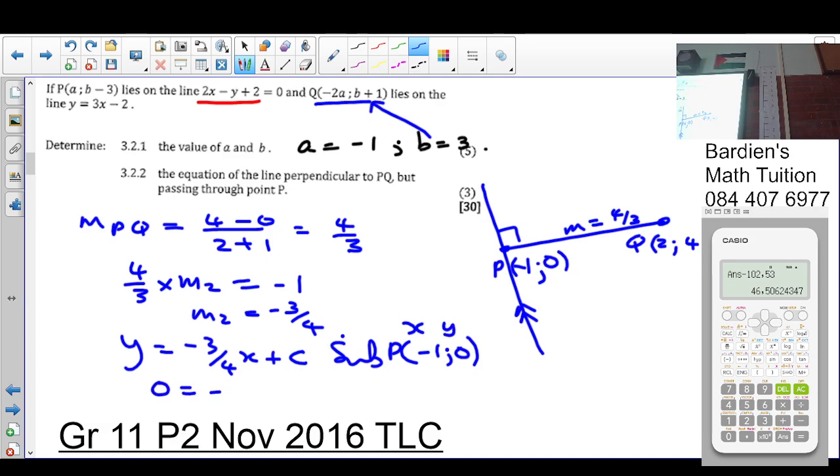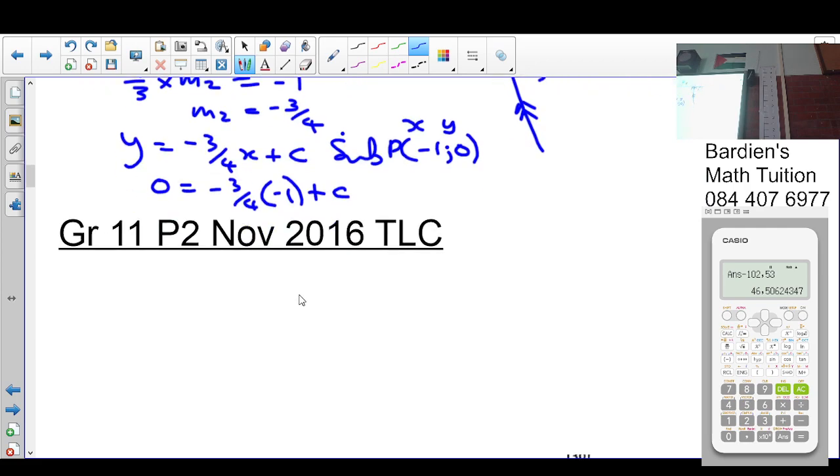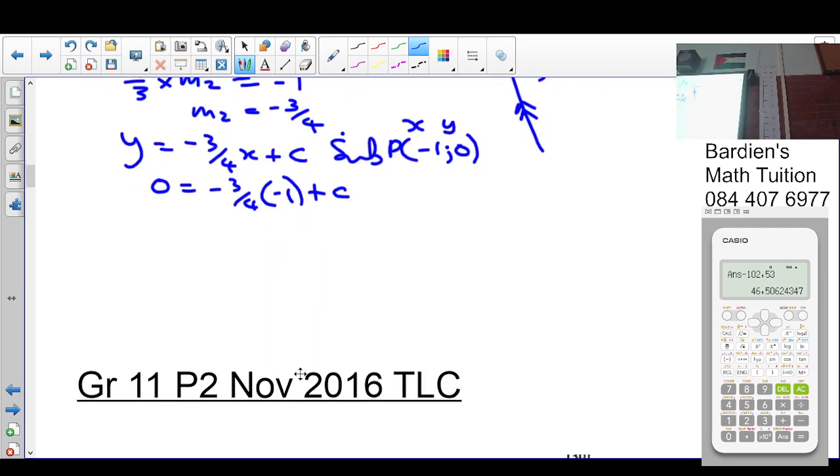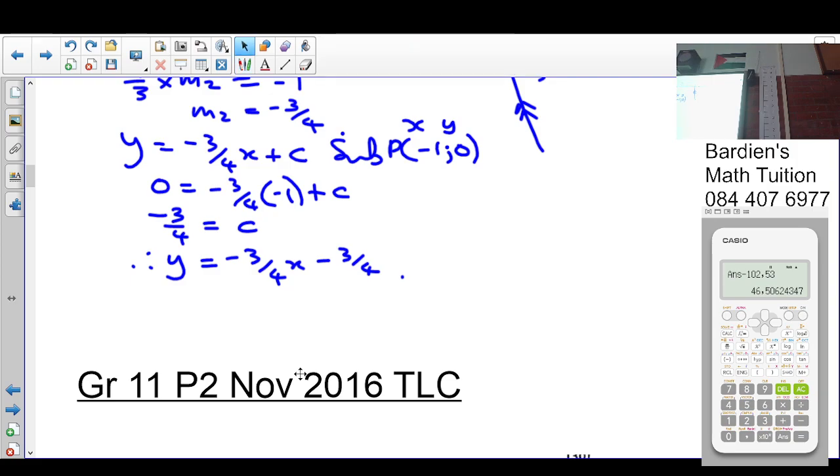So 0 is equal to negative 3 over 4 times negative 1 plus c. Negative 3 over 4 times negative 1 is 3 over 4. Take it over the equal sign, it becomes negative 3 over 4 again. So y is equal to negative 3 over 4x minus 3 over 4. Is that correct? Any questions here?